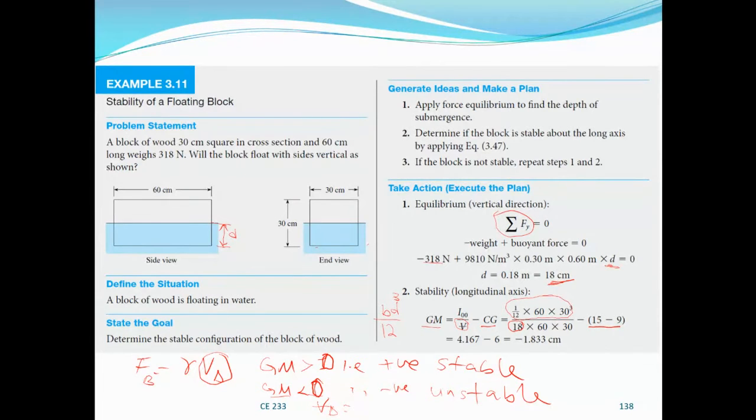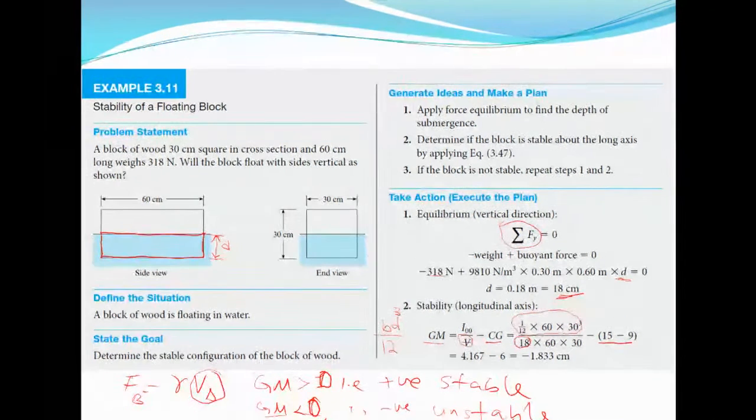C is the center of buoyancy and G is the center of gravity. The center of buoyancy, as we explained before, is the centroid of the displaced volume. So this is the displaced volume, the displaced section area.